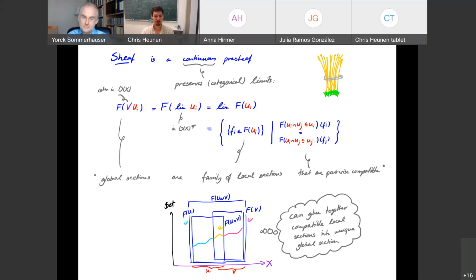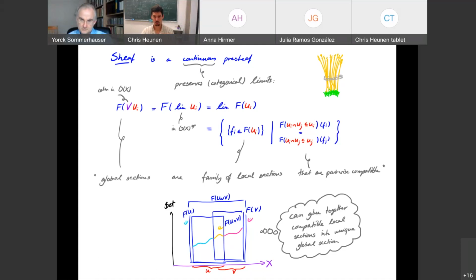So this is the F of a limit. On the other side, we want that to be equal to the limit of the F's. And the F of U_i are the data we attach to the opens U_i, so they're just sets, and we know how to take limits of sets. Specifically, we know you can compute them as an equalizer of a product.